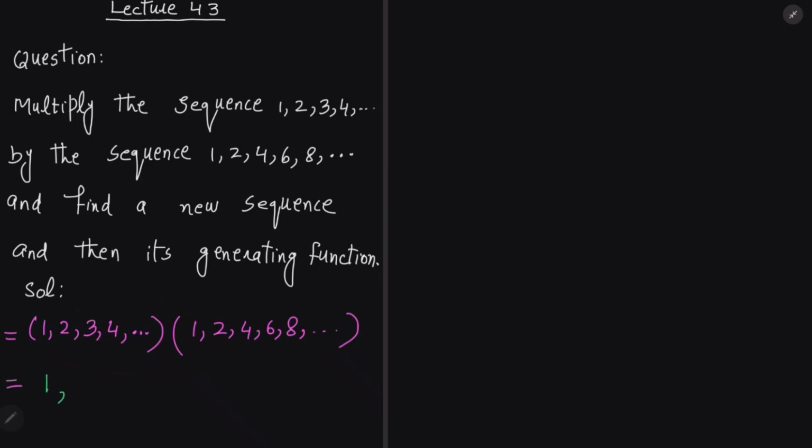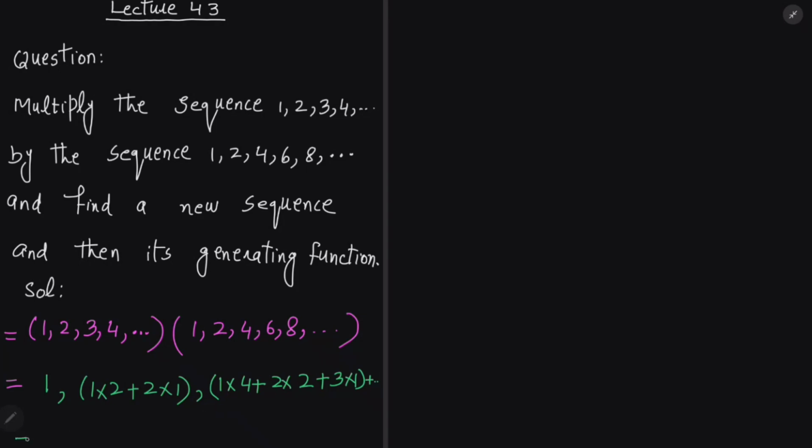Okay, so you get, for example, 1 cross 2 plus 2 cross 1. Similarly, you continue multiplying with the other values as well. So you can get, for example, 1 cross 4 plus 2 cross 2 plus 3 cross 1, and so on.